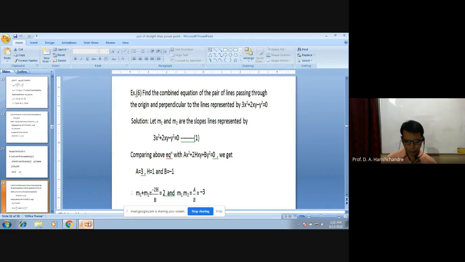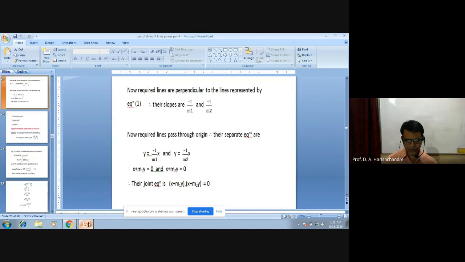From that, m1 plus m2, the formula is minus 2h upon b. Replace the value of h and b, that will give you m1 plus m2 as 2. m1 into m2 is given by a upon b. Replace a to be 3, b as minus 1, so that m1 into m2 becomes minus 3.